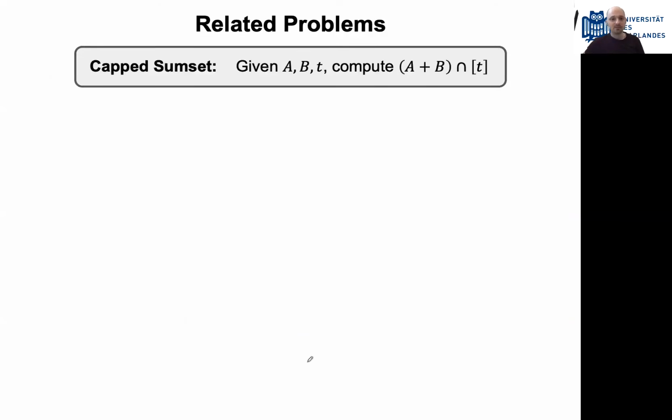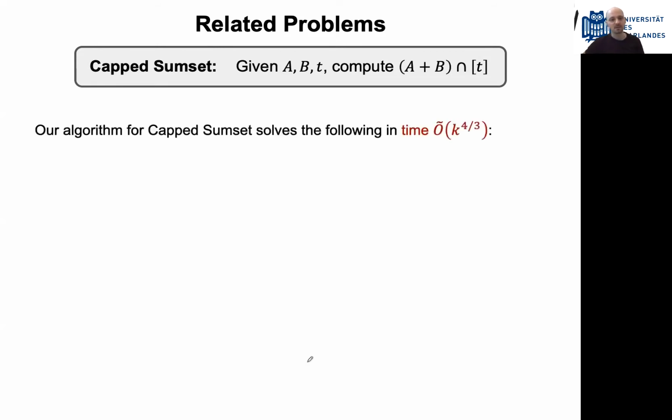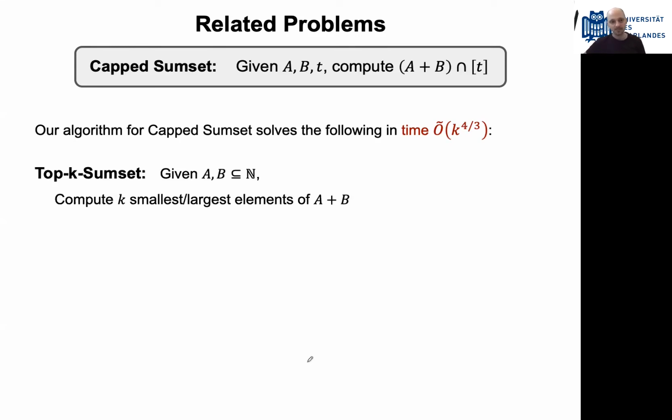Now, let me give you a bit more motivation why we're interested in this capped sumset problem. I mean, I already gave you a motivation from output-sensitive subset sum, but there are actually more related problems that are interesting here. Namely, the algorithm that we design, it also solves a couple of other problems in a similar running time, k to the 4/3.